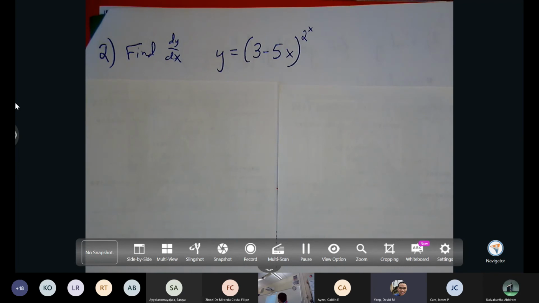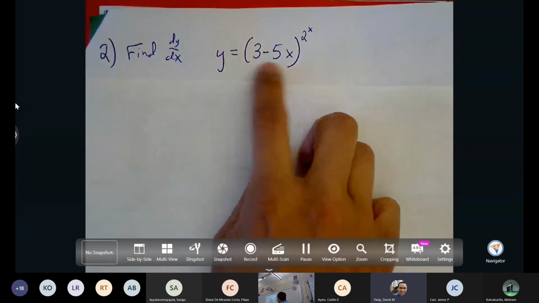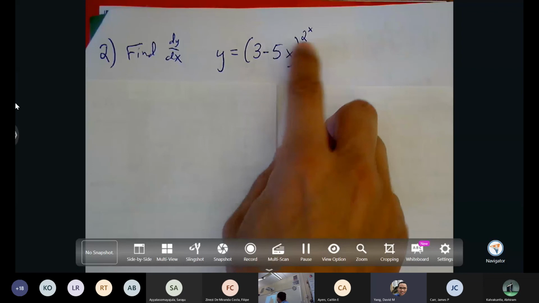All right, so what do you notice that is different about this problem? The thing that should stand out is that we don't have a derivative rule that can handle this specific scenario. We have a variable expression raised to a variable expression.